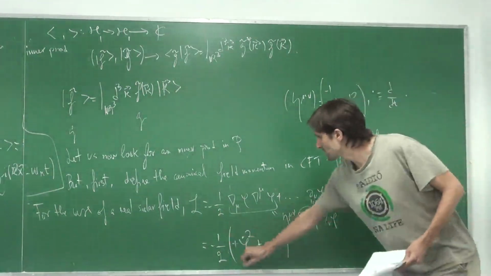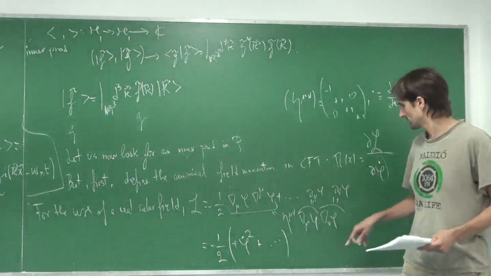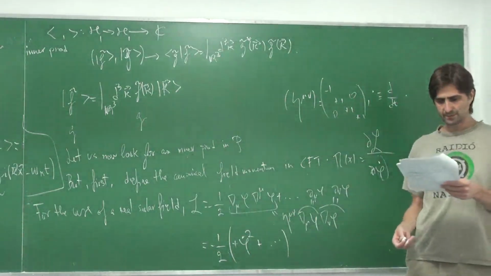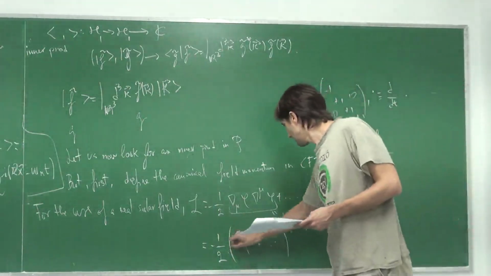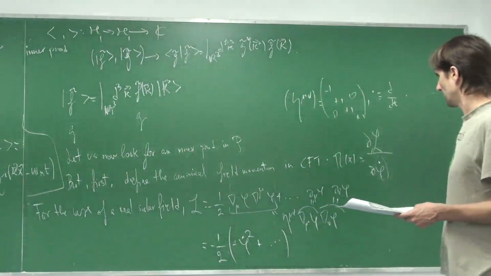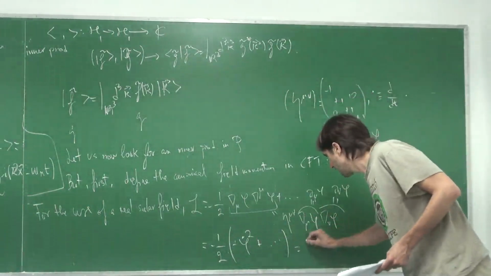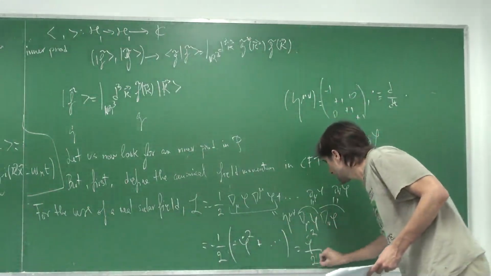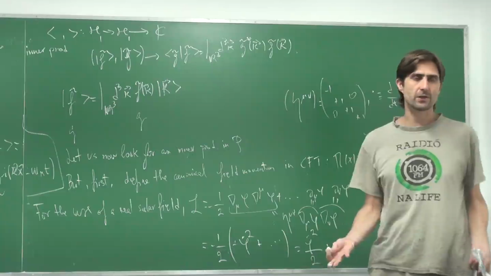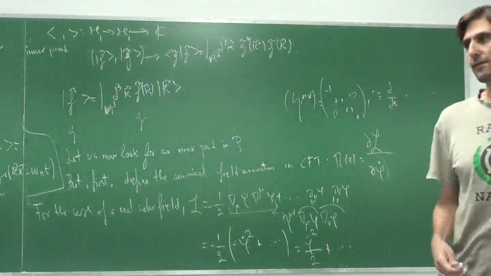Sorry, it's plus because, oh, minus, no. Oh yeah, that's correct. So minus times minus, so that's plus phi dot squared over 2 plus all the stuff which does not contain phi dots.